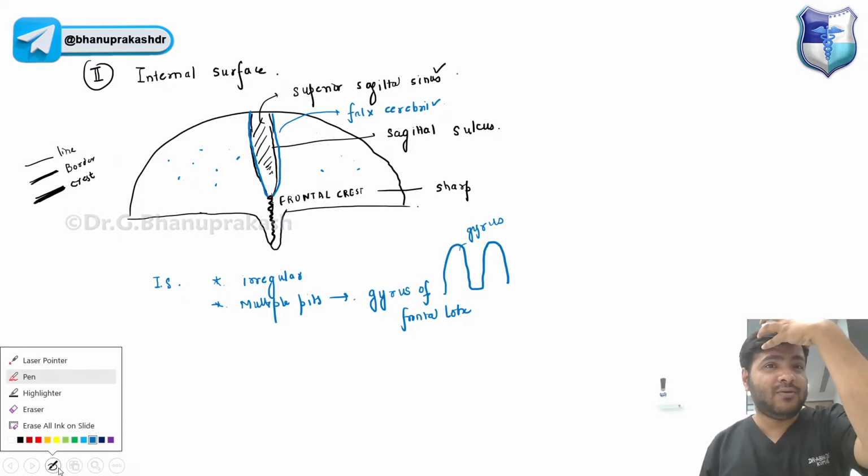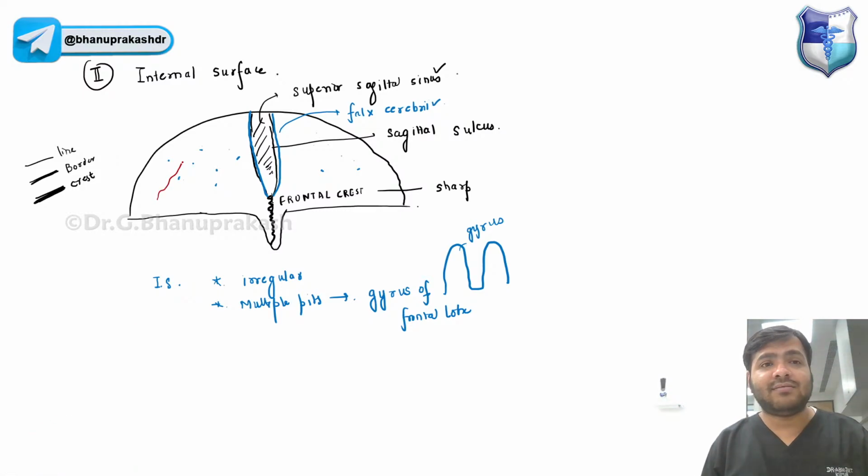And internally, जब आप frontal bone को निकाल के देख रहे हो, तो उस bone में बीच-बीच में you will get these demarcations, ये markings देखने को मिलते हैं, ऐसे गड्ढे देखने को मिलेंगे.